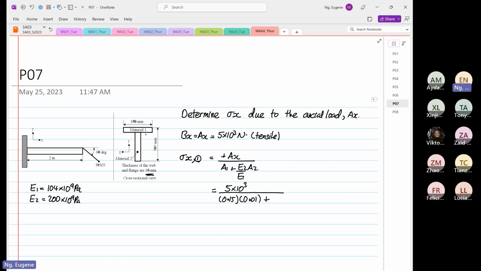So now E2 is equal to 200 times 10 to the power 9 divided by E1, which is 104 times 10 to the power 9. And then area of 2, right? So area of 2, the width is 0.01. And the depth is what? So it's 300 minus 10, which is 0.29.